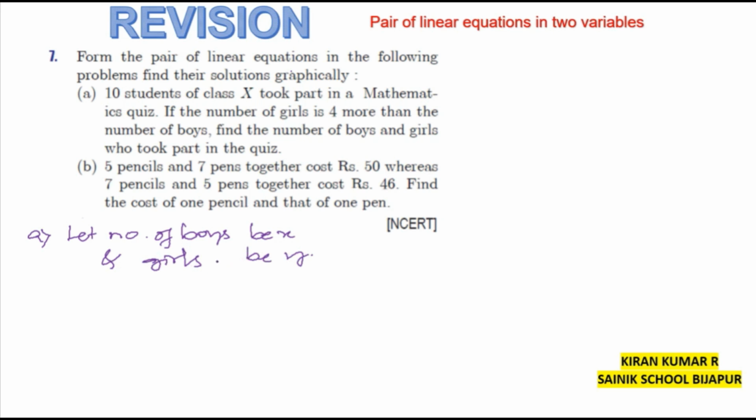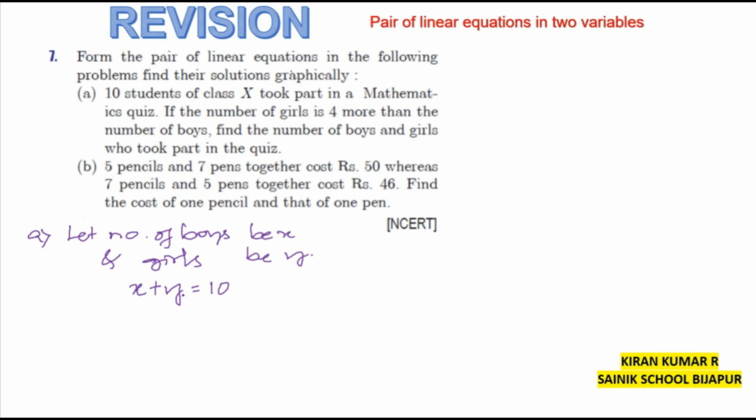According to the given condition, 10 students have taken part in the quiz. So the first condition is x plus y, number of boys plus number of girls, is equal to 10.